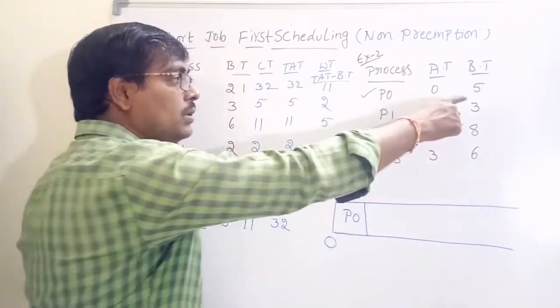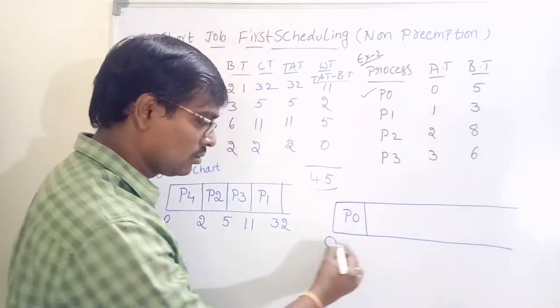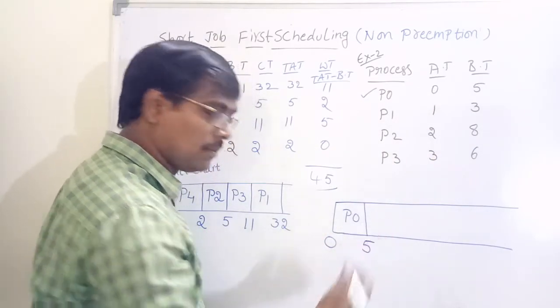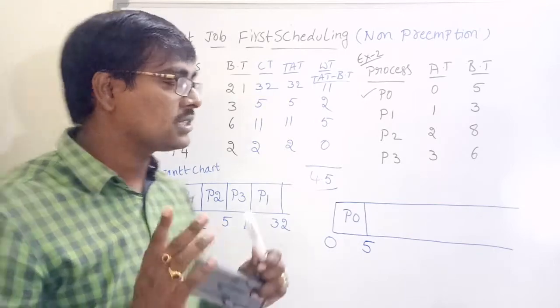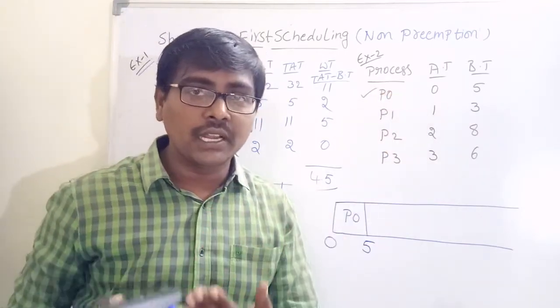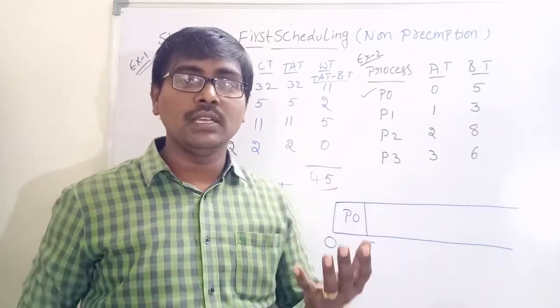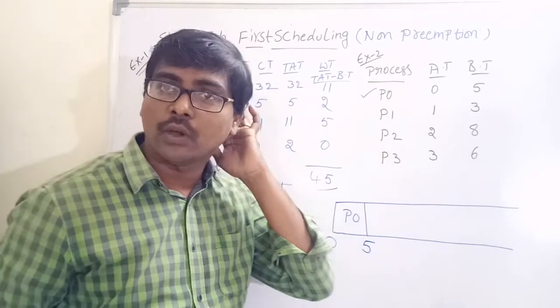So, how much amount of time does it require? It requires 5 milliseconds. So, 0 to 5 is completed. What happens? Observe carefully. Whenever a process enters into the system, the process is placed in the ready queue. Remember this point.